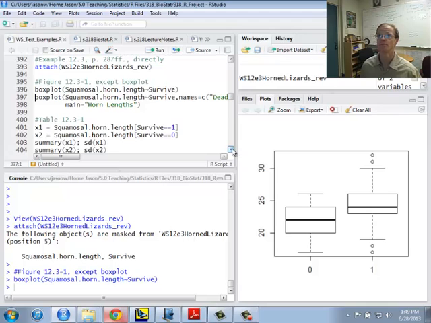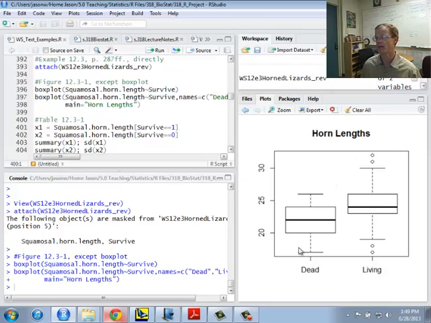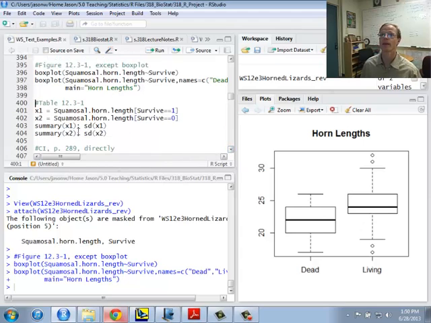The box plot lacks the labeling, so I want to put the labels on with the names argument and the main argument for the title. See that those add them on, dead versus living. Clearly the living have a larger horn length, but there's some overlap.